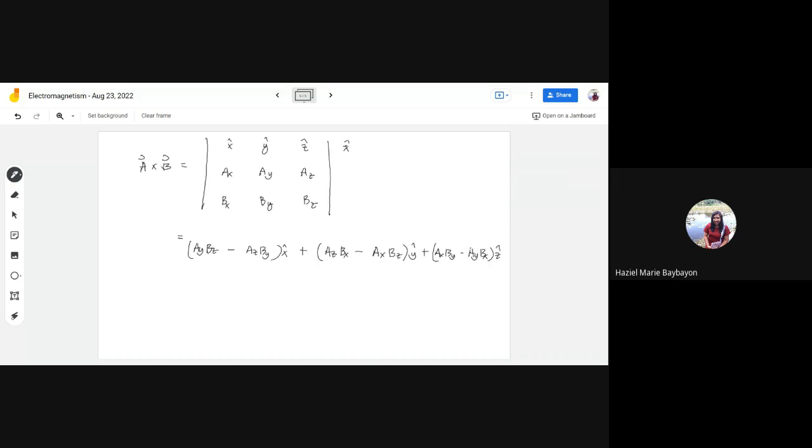Now, we have here an example. Find the angle between the face diagonals of a cube.